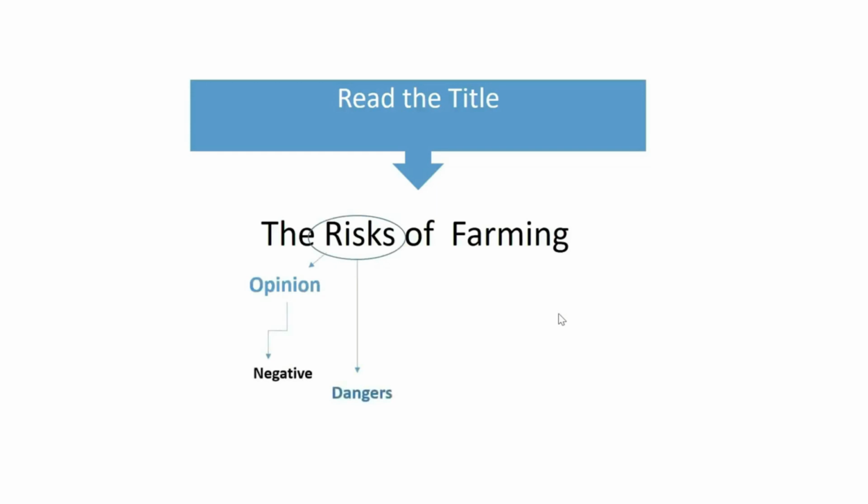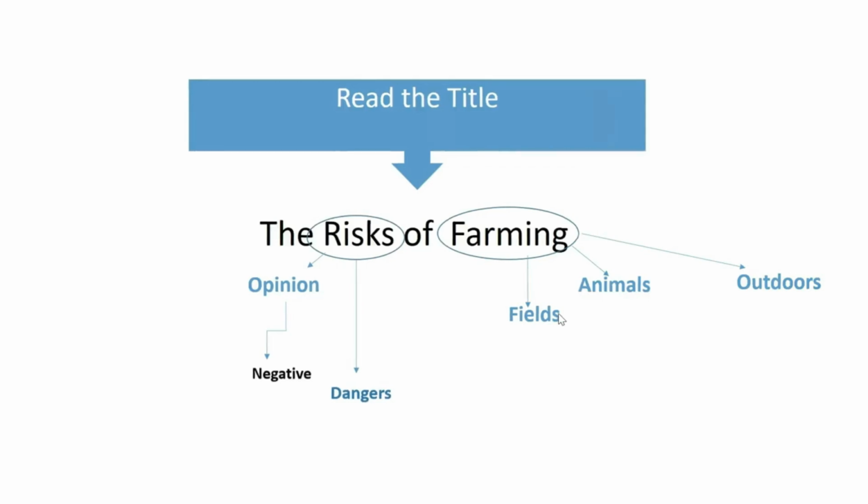It has a connotation, or it brings us to realize that it has to do with some dangers, some dangerous things related to farming. And of course, when we look at the word farming in the title, we think about fields, animals, and it's outdoors. So now we have a general idea of what the article is going to be about.